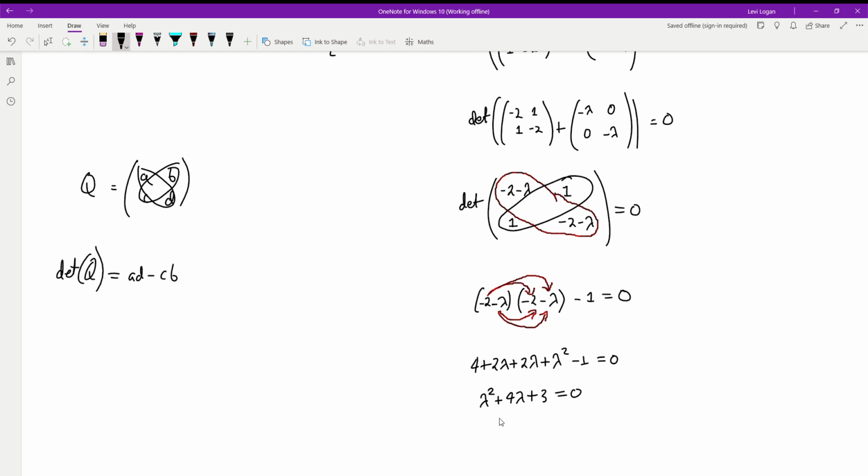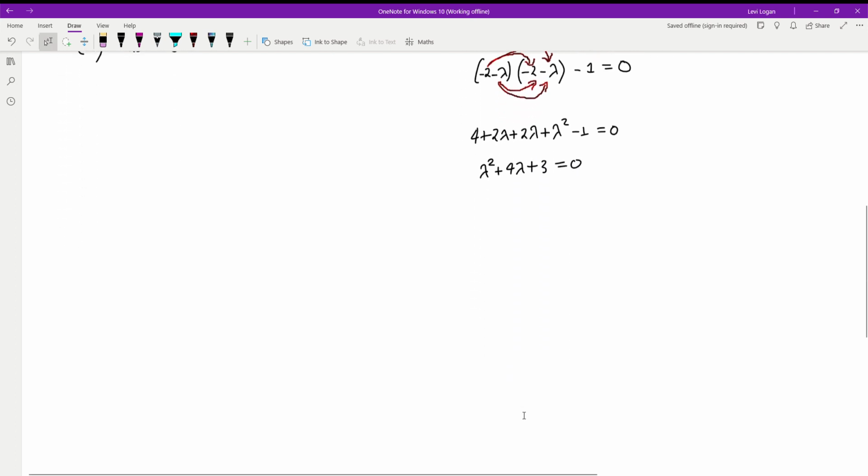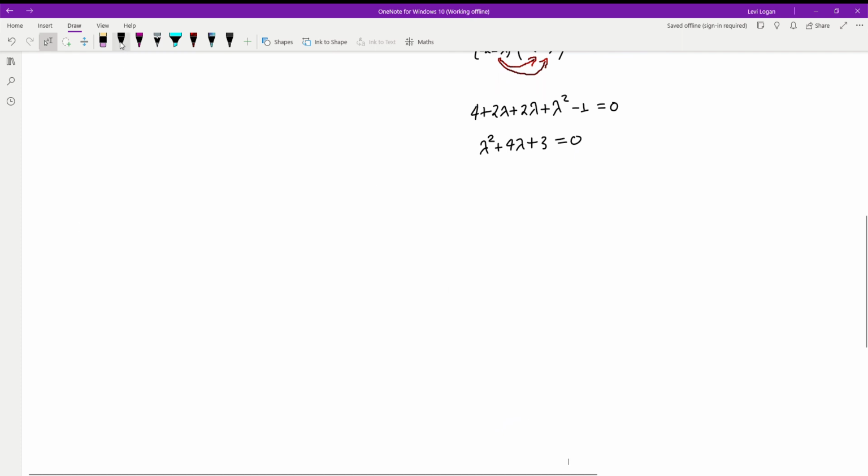Now, you can solve this quadratic however you want. You can use the quadratic formula, or you can just pretty much break it up into its factors. Yeah, that's the right word. So straight off, I know that this is equivalent to lambda plus 1 and lambda plus 3.